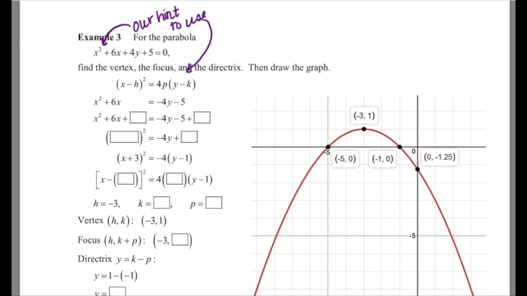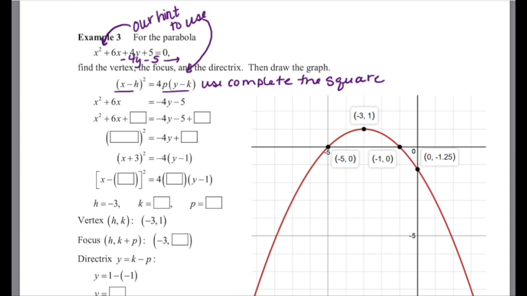So what I'm going to do is put all of my x's on one side of the equation and everything else on the right-hand side, which means I'll need to subtract 4y and subtract 5 and bring them to the right. We're going to use completing the square so that we can get it into this form here. Completing the square is going to be a commonality that we're going to utilize.